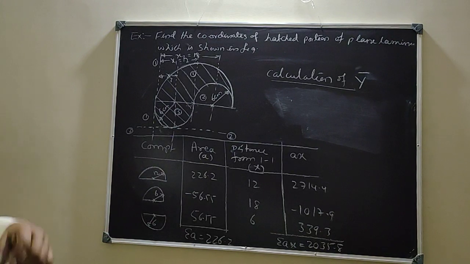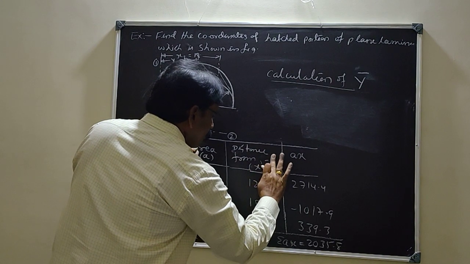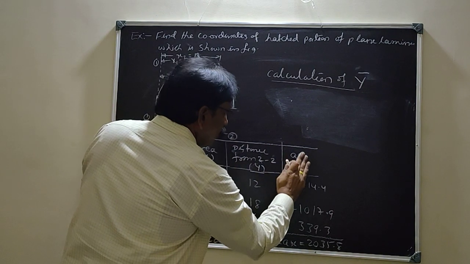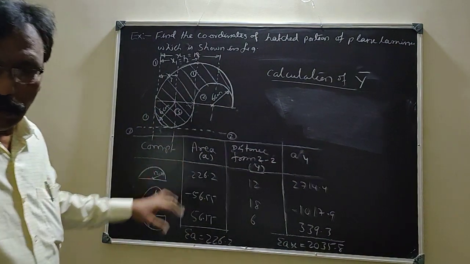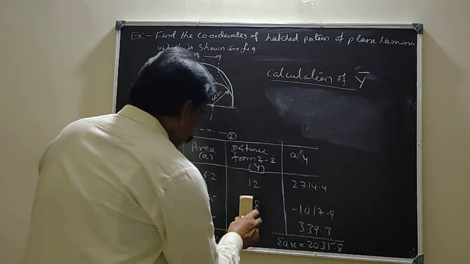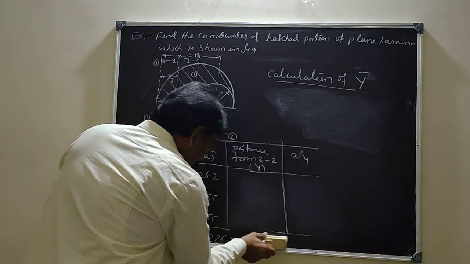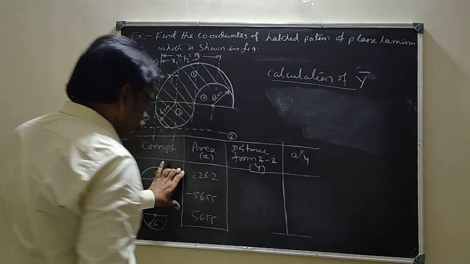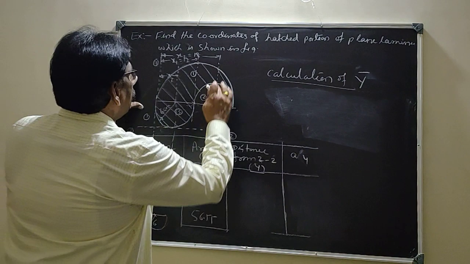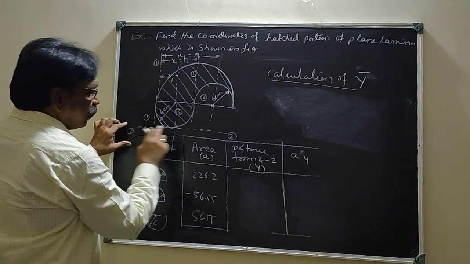Now in this one, what are the changes you will find in this table is the distance from 2, that means this will be y and this will be Ay, and all other things are going to change now, whereas areas will remain the same, only these things will change. That means centroidal distances and their products will be changing. So I will not calculate the area again, I will only explain it. So now these are the distances you have calculated as far as x is concerned. Now the reference axis is 2.